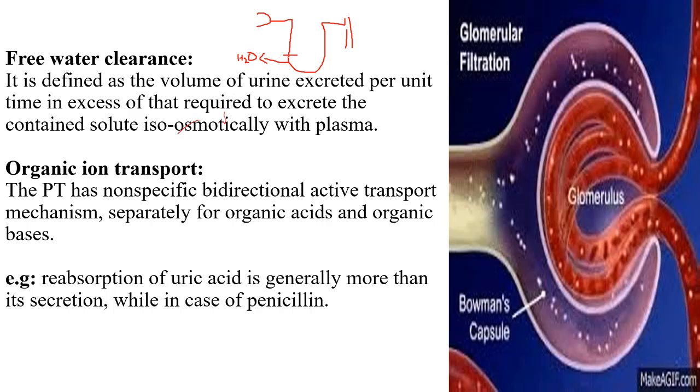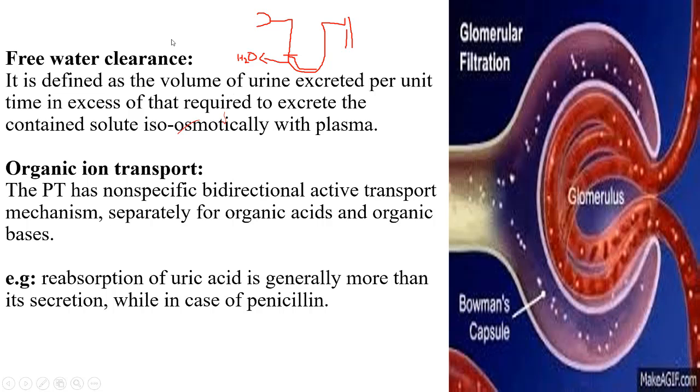And the time at which it is excreting water without any solutes is known as free water clearance. This free water clearance is divided again into two types: positive free water clearance and negative free water clearance. Negative free water clearance is when the urine is more concentrated. When the urine is more diluted, it is known as positive free water clearance.